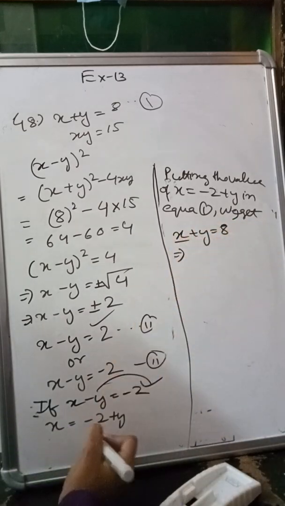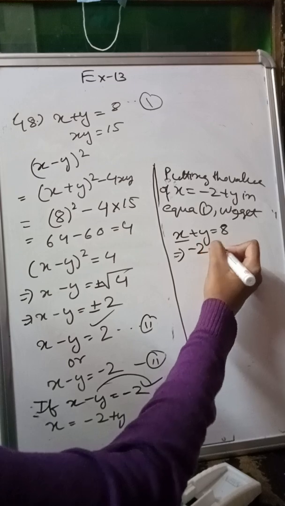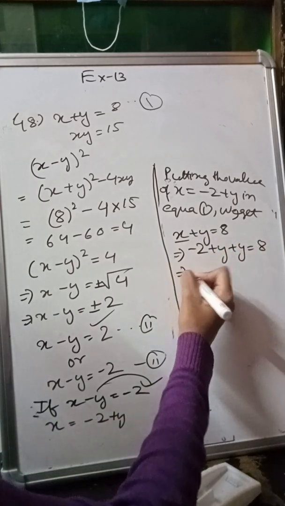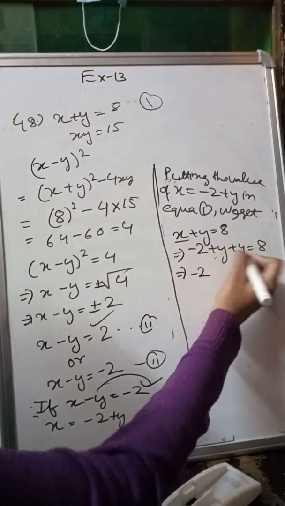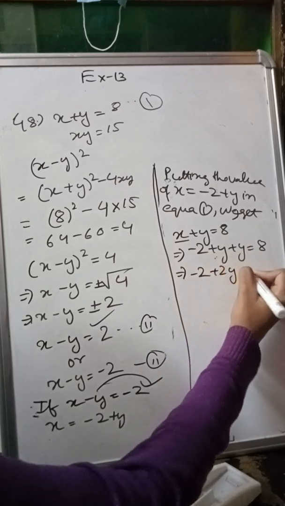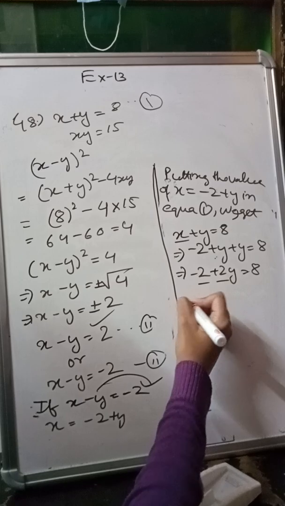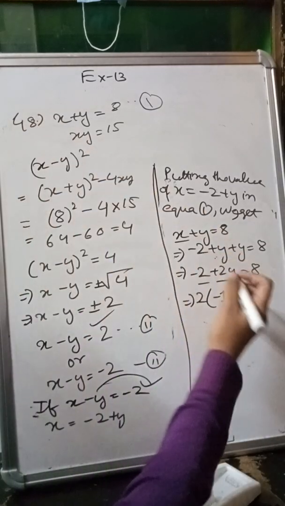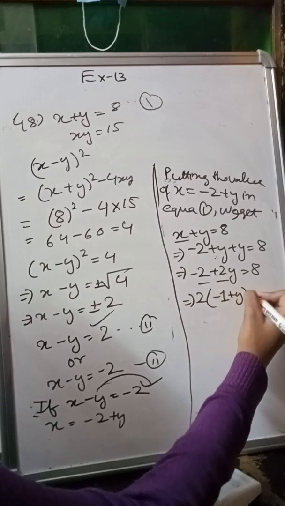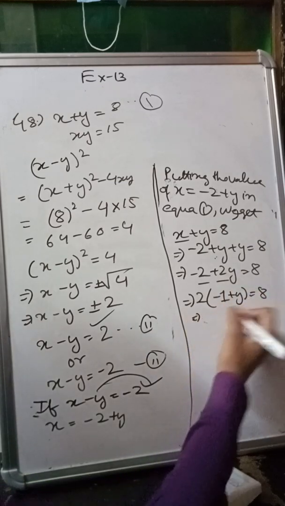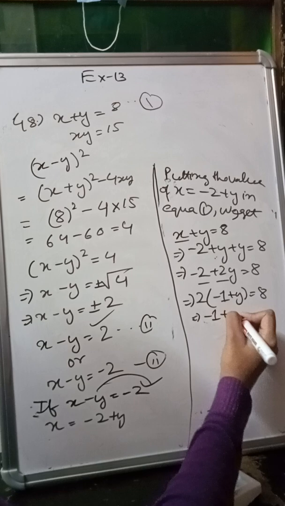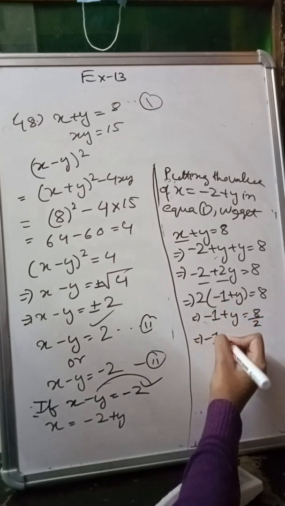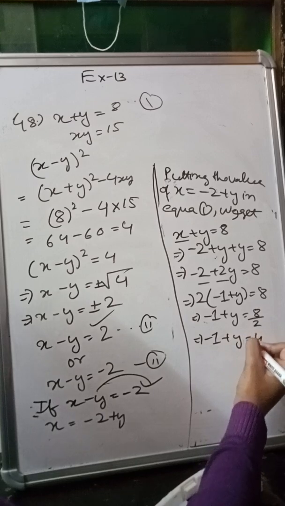So x's value is minus 2 plus y, and we have y already here. So this will be minus 2 plus 2y. Both terms have 2 in them, so we can take 2 common. So we are left with minus 1 plus y equals 8 by 2, so minus 1 plus y equals 4.